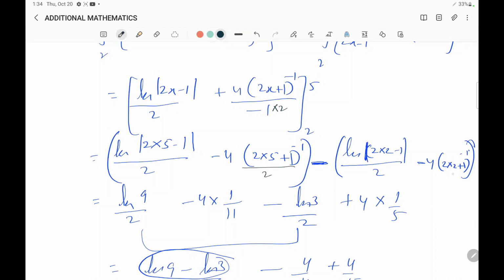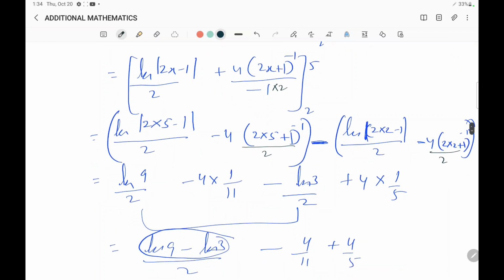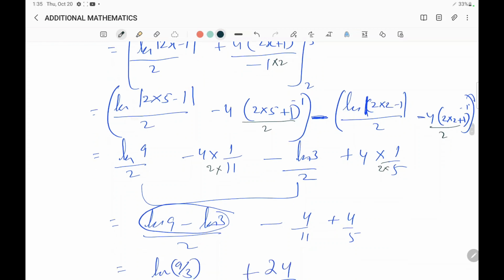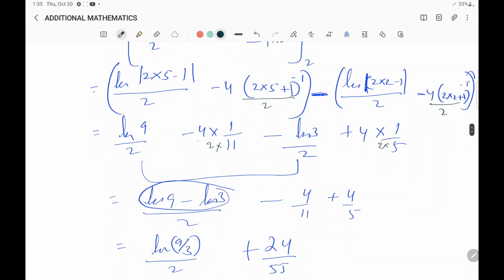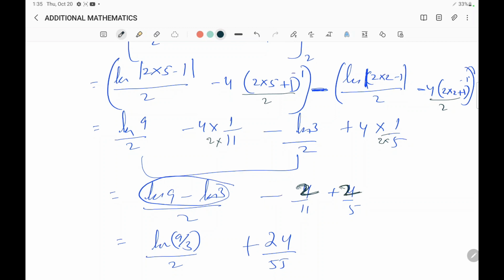I should have written 2 here, 2 here, and 2 here in the denominator. So minus 4 over 2 times 11, minus 2 over 11 actually, and 4 over 2, it's 2 over 5.